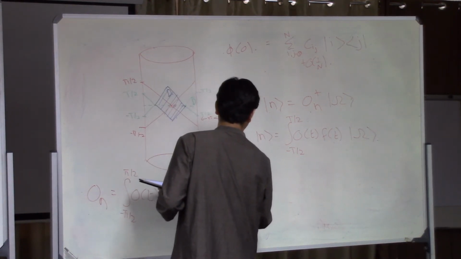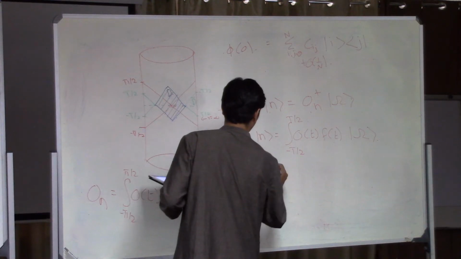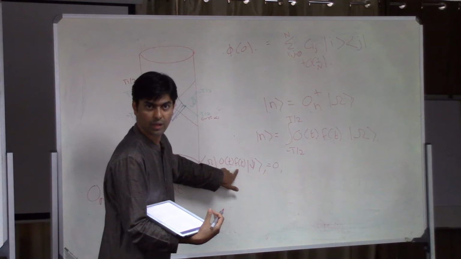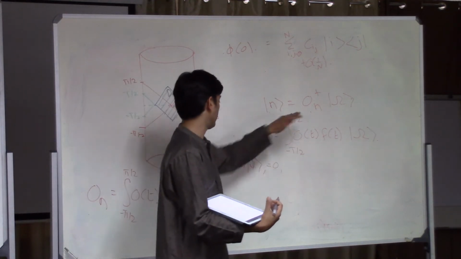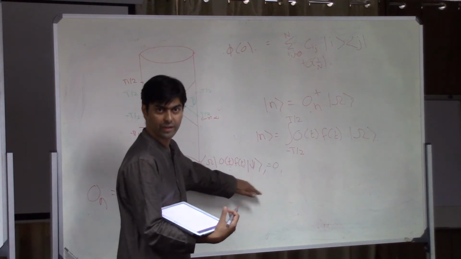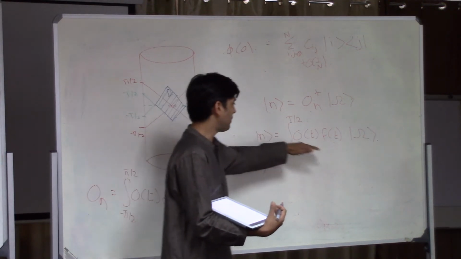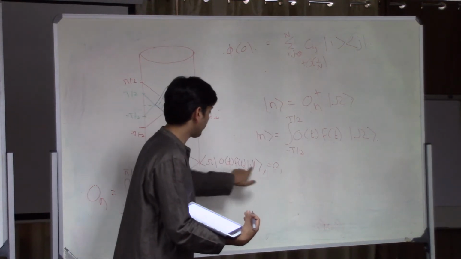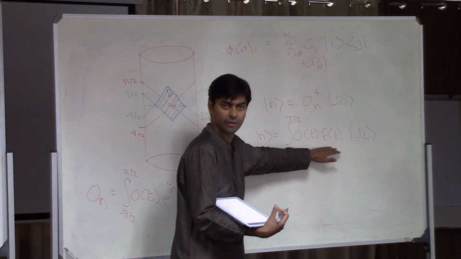That means that this is equal to 0 for all f of t which has support from minus pi by 2 to pi by 2. So I'm trying to make the argument by contradiction. Let us say there existed a psi which can't be written in this way, as some linear combination of the |n>. Then that means that this psi is orthogonal to all states which can be created in this way.